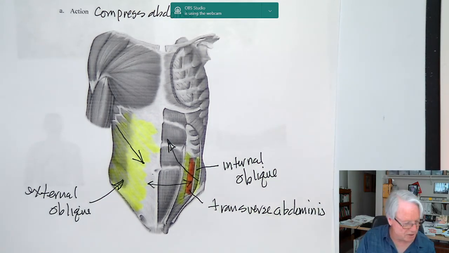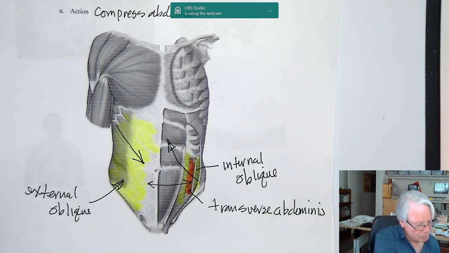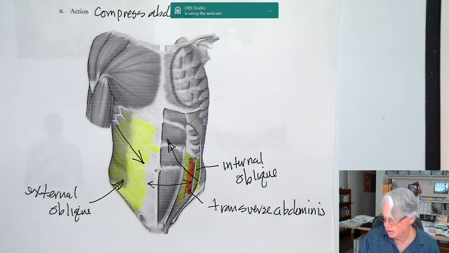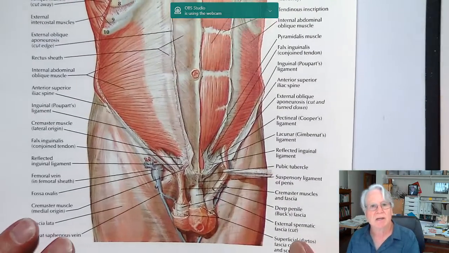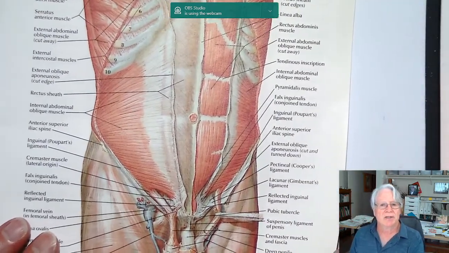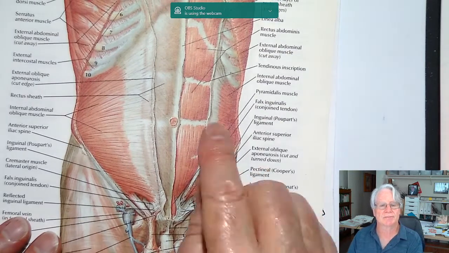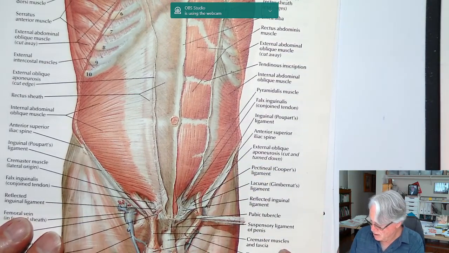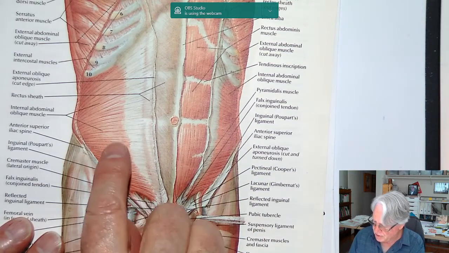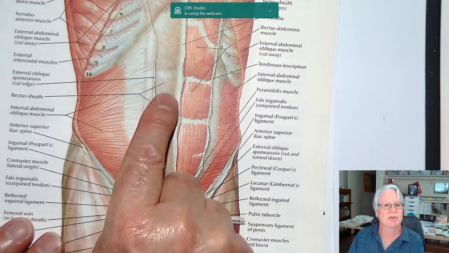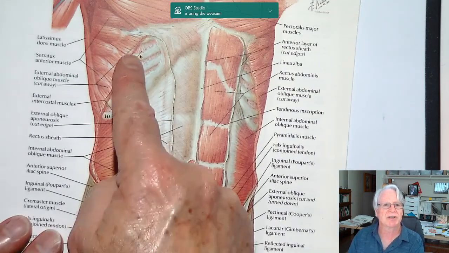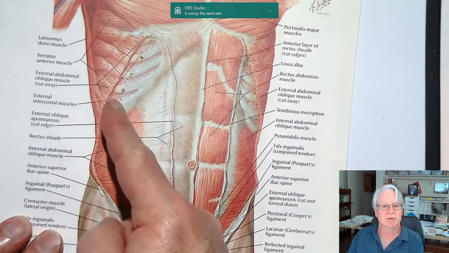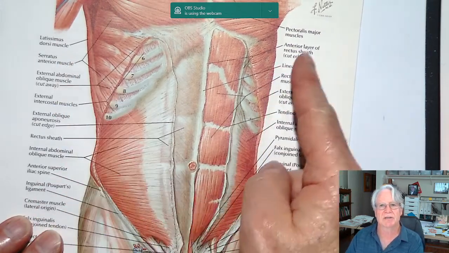So let's see if we can find some good pictures of that. I'm going to go ahead and use Netter again. I just really like him. This is the internal, because the fibers are running this direction. The external has been cut, and that would be running in this direction.